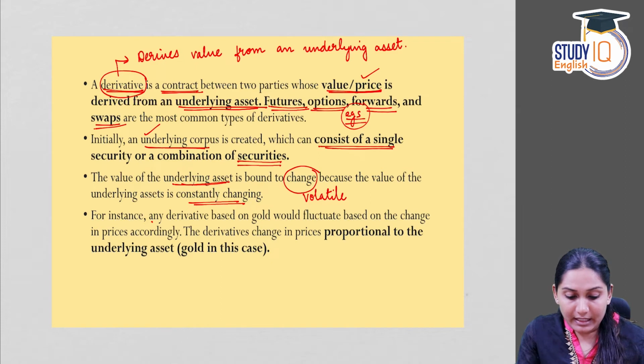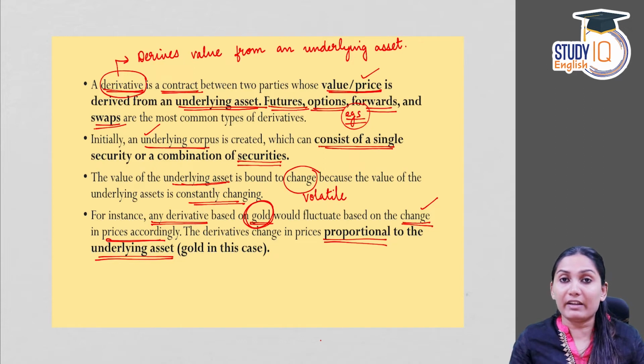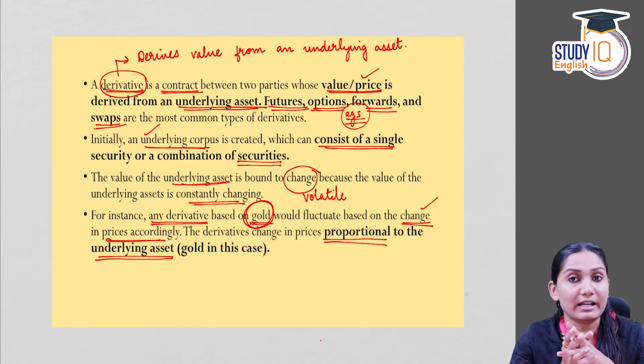For instance, any derivative based on gold would fluctuate based on the change in prices. The derivatives change in price proportional to the underlying asset. We have seen that the value of the derivative is decided based on the value of the underlying asset.